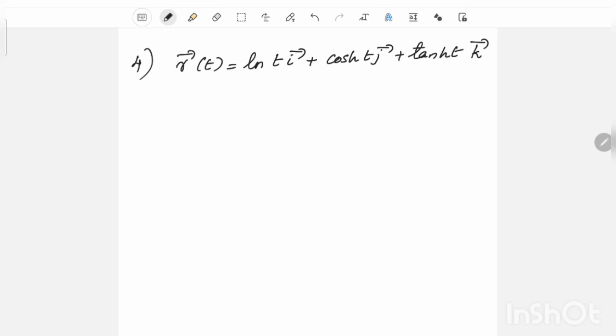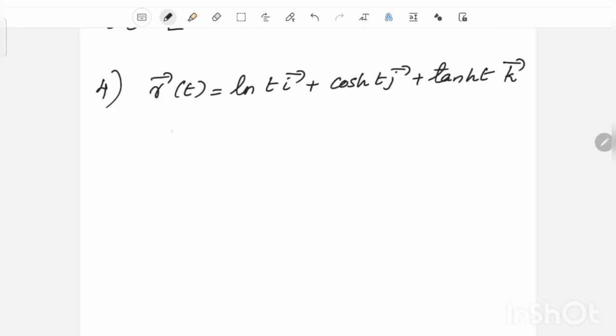Here also we have to find the domain or parameter interval. We know ln t is defined for t > 0. cosh t is defined on (-∞, ∞), and tanh t is also defined on the same interval, the real line. Therefore, the maximum possible interval in which all these three functions can be defined is of course the open interval (0, ∞), and that is the parameter interval here.